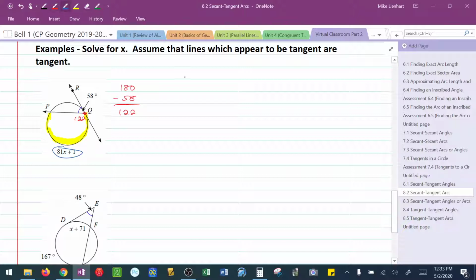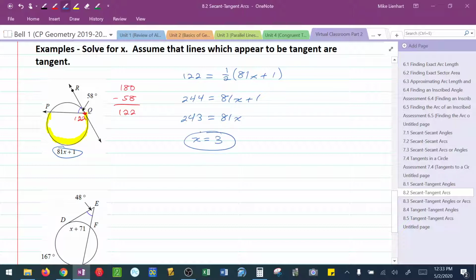I know that the angle 122 is equal to half of the arc. The arc here is 81x plus 1. I'm going to double 122, so I have 244 is equal to 81x plus 1. I'm going to subtract 1, so 243 is equal to 81x. If I divide by 81, I get x is equal to 3.